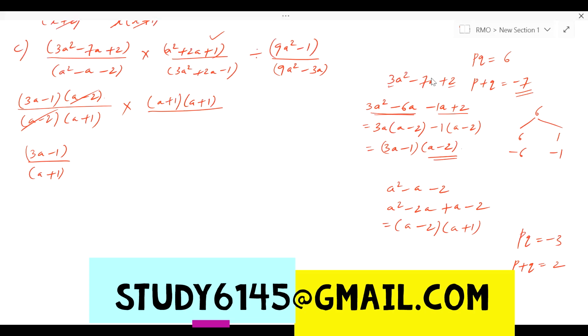Okay, so our factors will be a plus 3 and a minus 1. Let's check this, because whenever the coefficient is not 1, we have to cross verify also. So 3a square, 3a square.